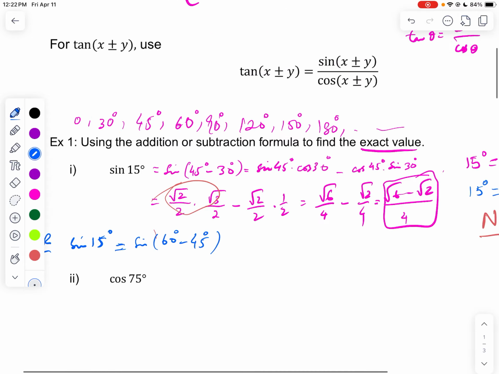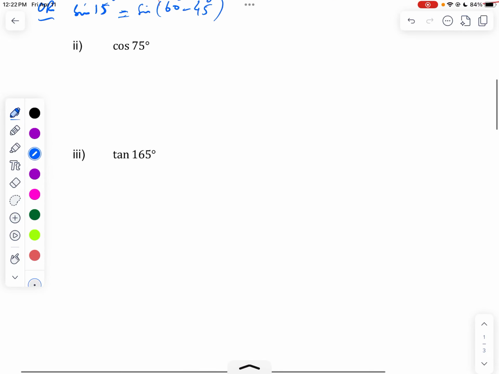And for part 2, now we have cosine of 75.